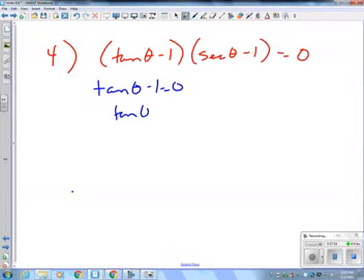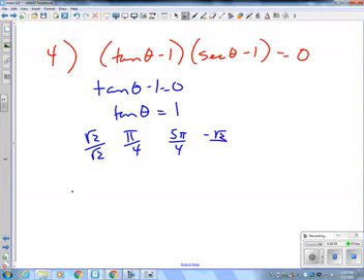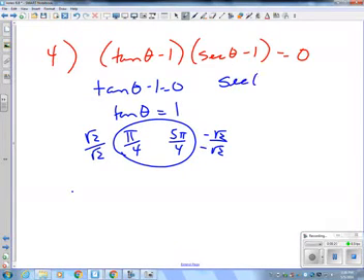So I'm looking for where the tangent is 1. And the tangent is 1 when the y and the x both cancel out. That's when they're both positive. And at 5 pi over 4, they're both negative, and they cancel out and make +1. So here is my solution. Now we know that tangent 1 means they canceled out, so we just look for those 4th lines and get those answers.